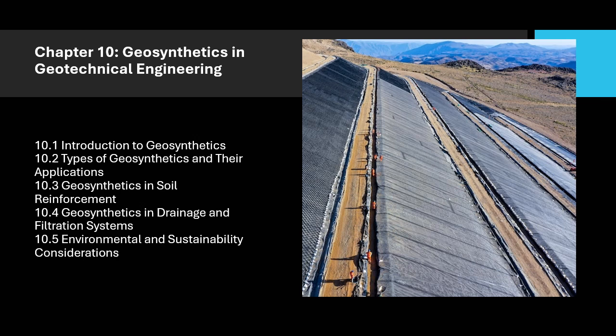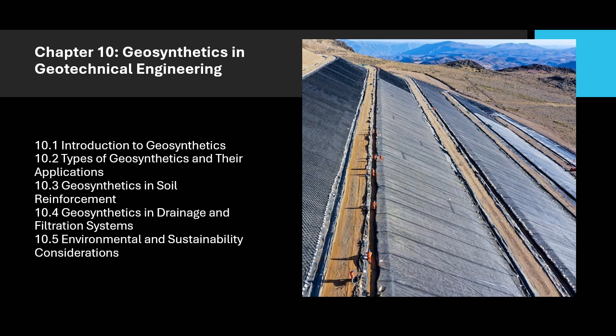Geogrids. Description. Geogrids are polymeric materials with a mesh-like structure designed to improve the mechanical properties of soils. They are typically used to reinforce granular soils and improve their load-bearing capacity.